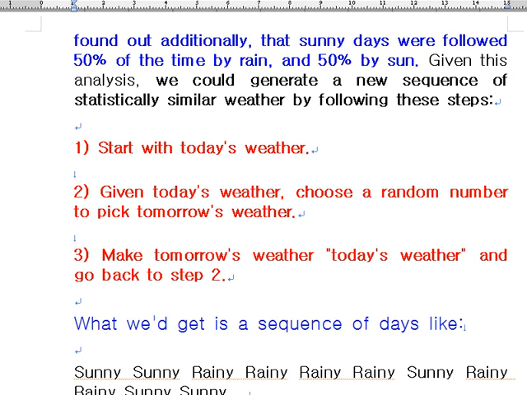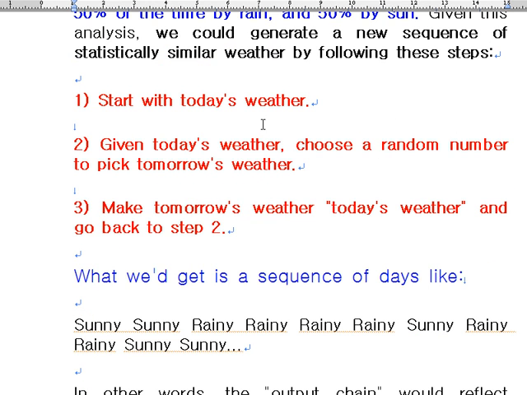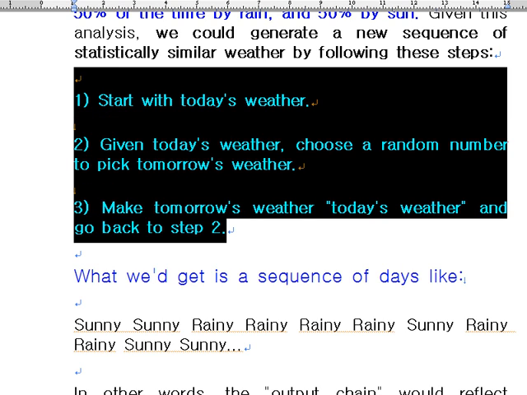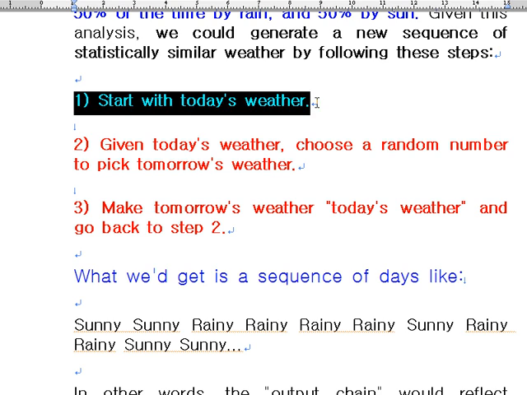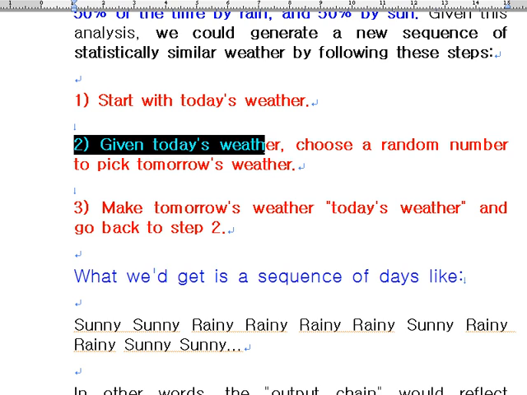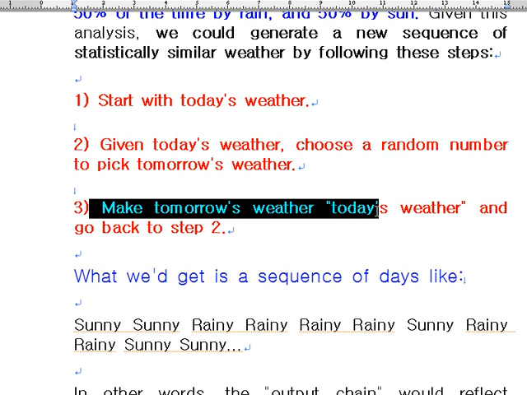So, with these observations and conditions, we may set up the model in these steps. First, start with today's weather. Then, given today's weather, choose a random number to pick tomorrow's weather. Make tomorrow's weather today's weather, and go back to step 2.